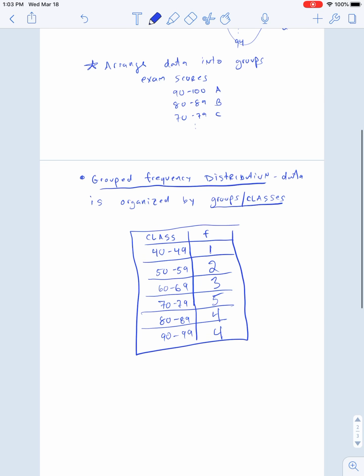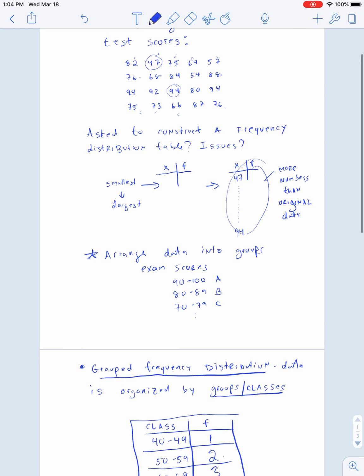If we sum this last column, what do we get? 4, that's 8, that's 10, 15, 16, 17, 18, 19. So are we missing something here?